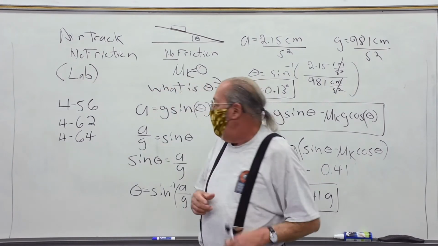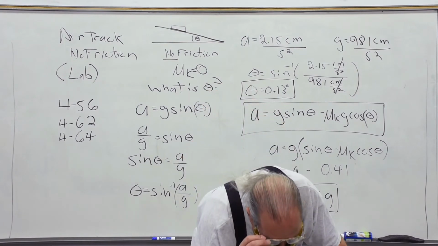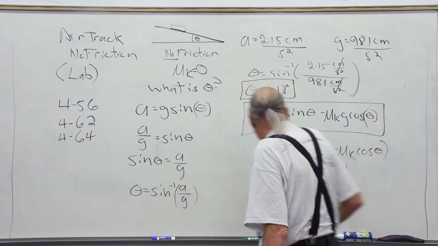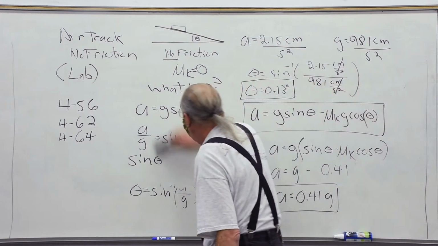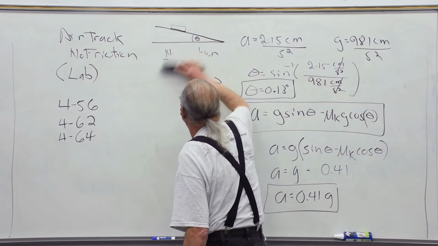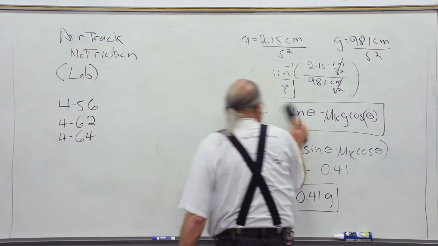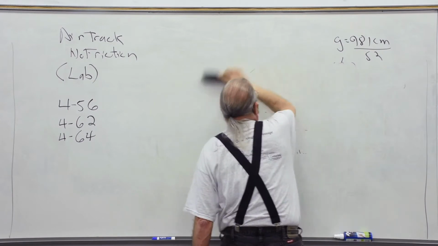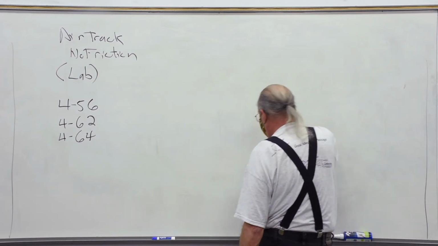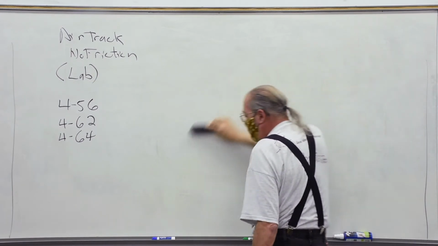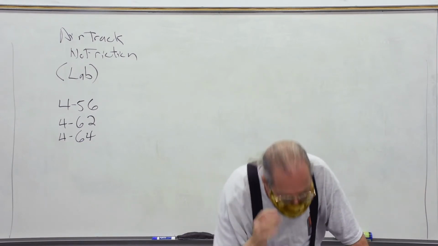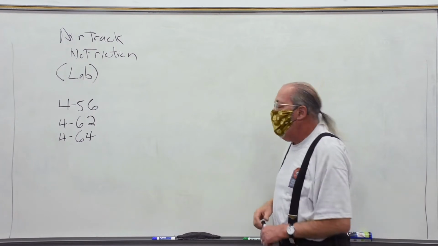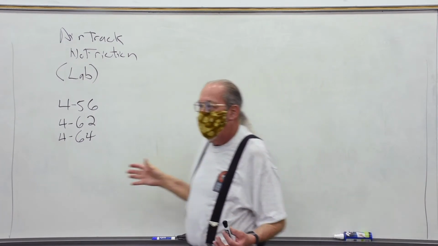Okay? Now, on number 64, I will give you a hint. There's an easy way and a harder way to do it, but the situation is that they give you the coefficient of static friction for a car parked on an icy incline, and they ask you, is it safe to park your car?